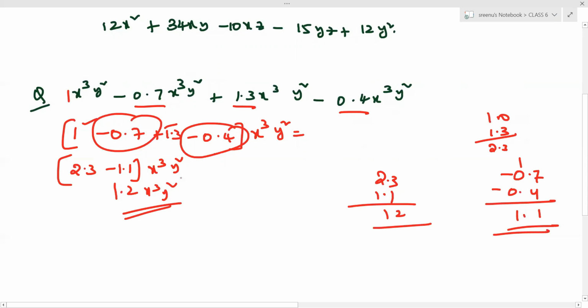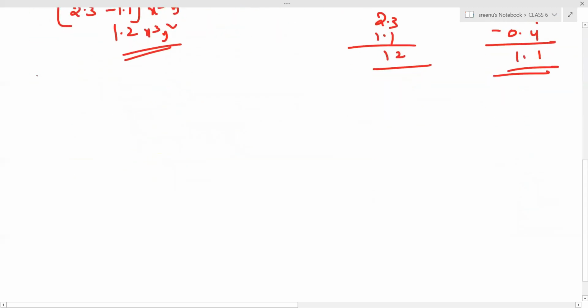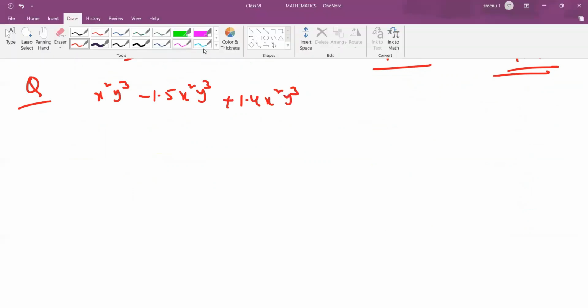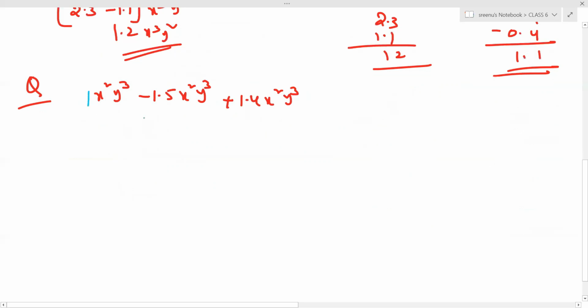Okay, so one more question. The question is like this: x square y power 3 minus 1.5 x square y power 3 plus 1.4 x square y power 3. Y power 3 means y cube. Okay. Now I do like this. Here 1 I will take, here 1.5, 1.4: 1 minus 1.5 plus 1.4. So just add first and last.